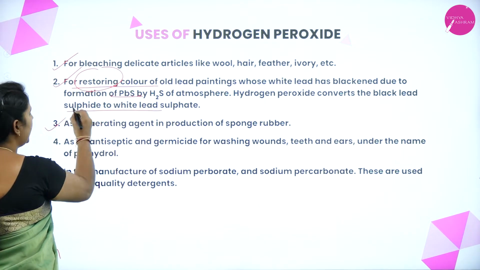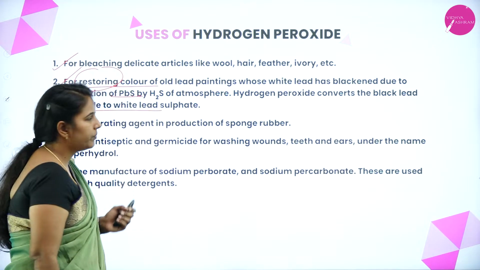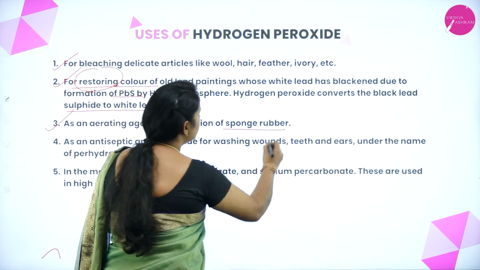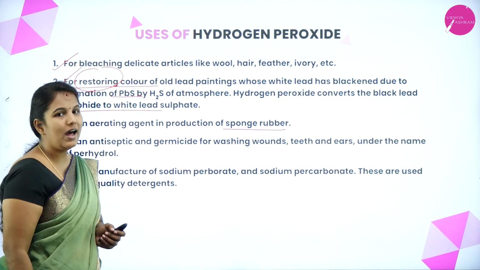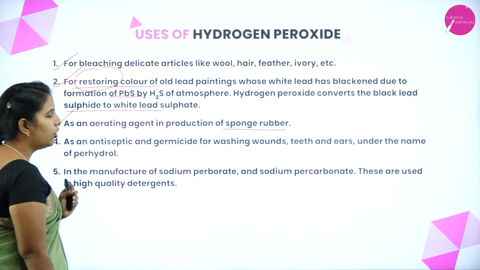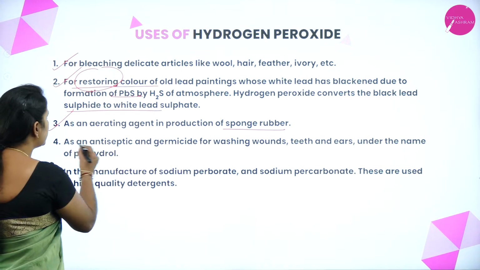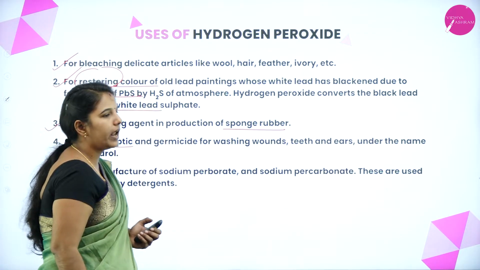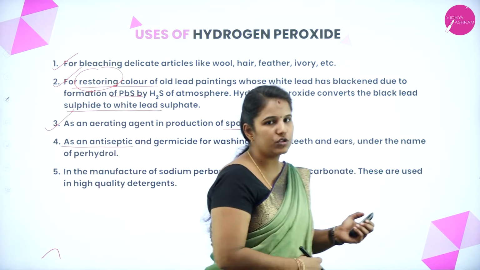And as an aerating agent, in the production of sponge rubber also we use hydrogen peroxide. And not only this, you would be familiar with the antiseptic and germicide nature of hydrogen peroxide.